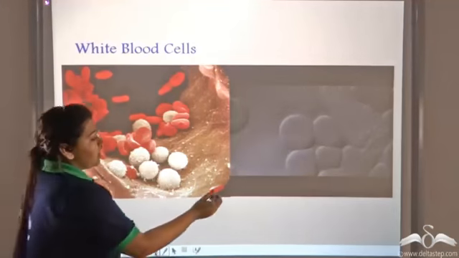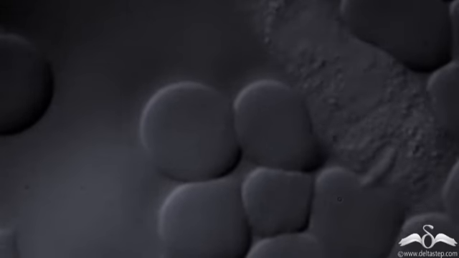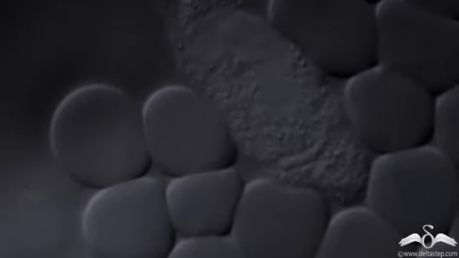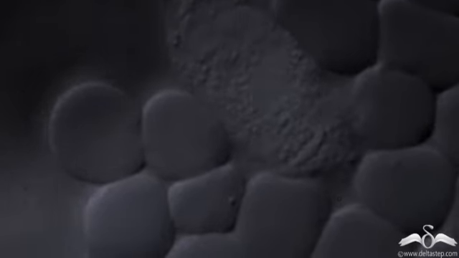So, the white blood cells do not have a particular shape. They constantly change their shape till they engulf the foreign object. And after engulfing, this foreign object gets destroyed and our body gets protected.